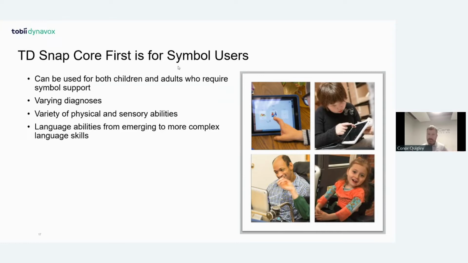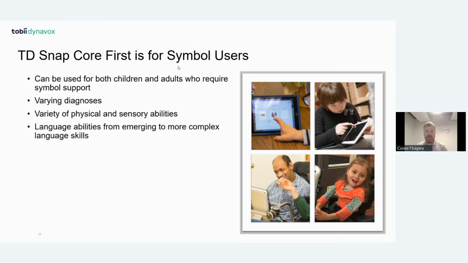The hardware is there to meet possibly their physical needs or their behavioral needs, but the software is the same across all platforms. If you're working with a young child with no physical disabilities, they might use it on an iPad or an SC tablet, whereas somebody with very complex disabilities may use it on an eye gaze device.